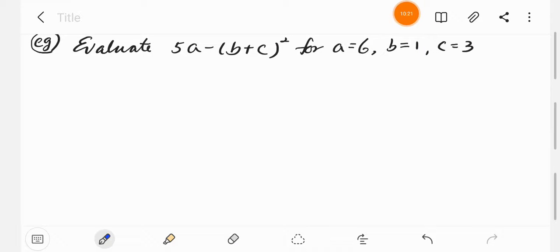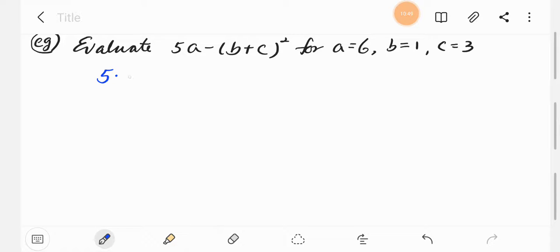Okay, this example is to evaluate the expression. Evaluate the expression means we need to replace the variables with their values and then simplify. That is how we evaluate. So the values of A, B, C are given: 6, 1, and 3. So we'll just replace these variables with the values. 5 times A. What is A?